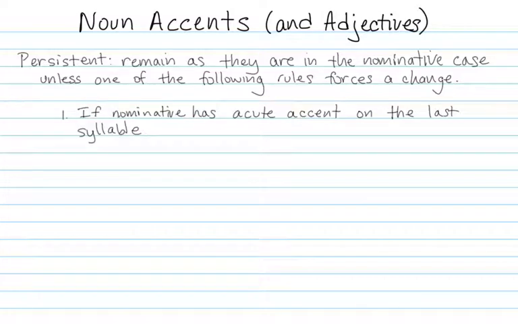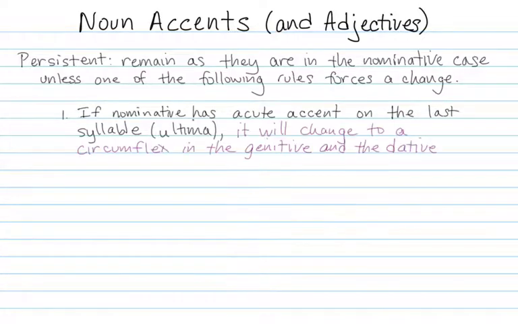So rule number 1: if the nominative has an acute accent on the last syllable, i.e. the ultima, then it will change to a circumflex in the genitive and dative. So for our sample noun ho agros, the genitive is tou agrou. You notice the acute has changed to a circumflex.